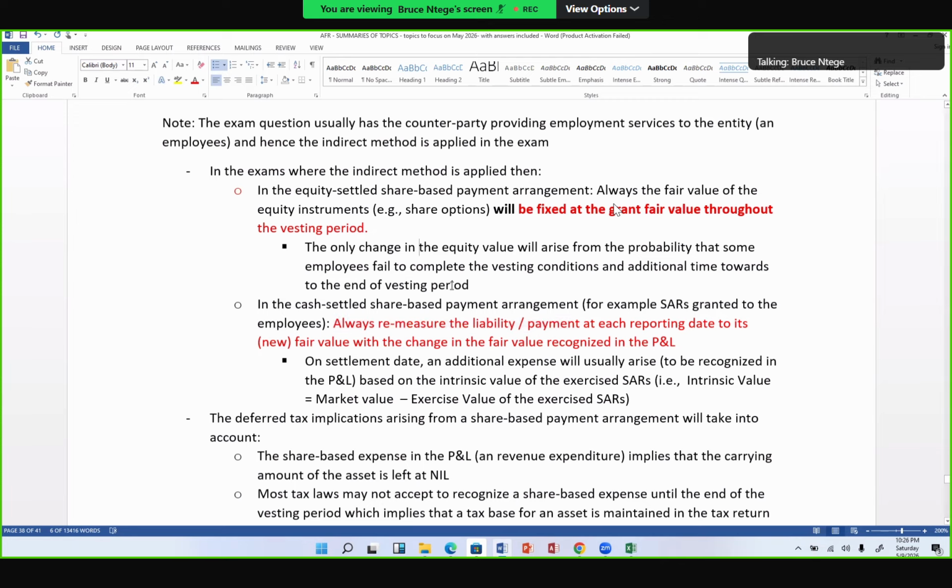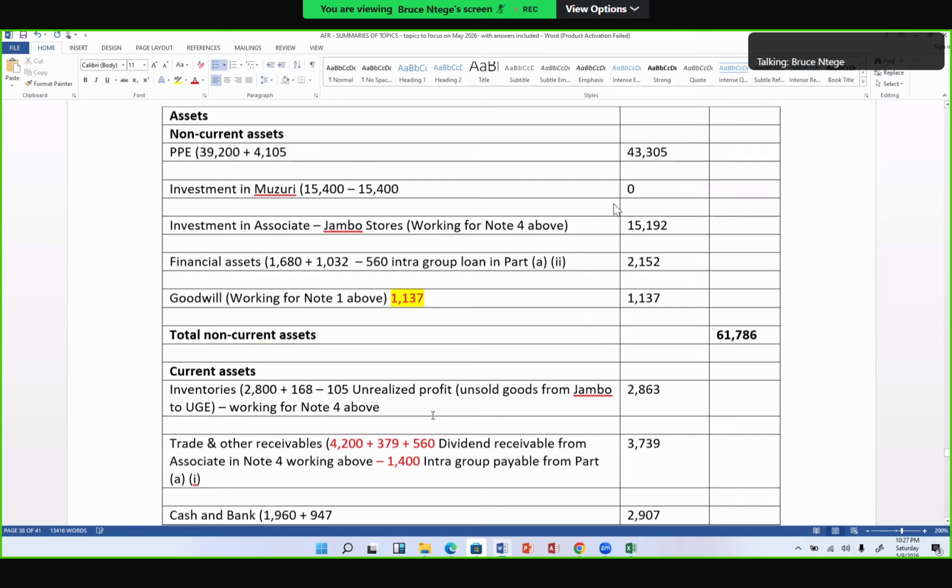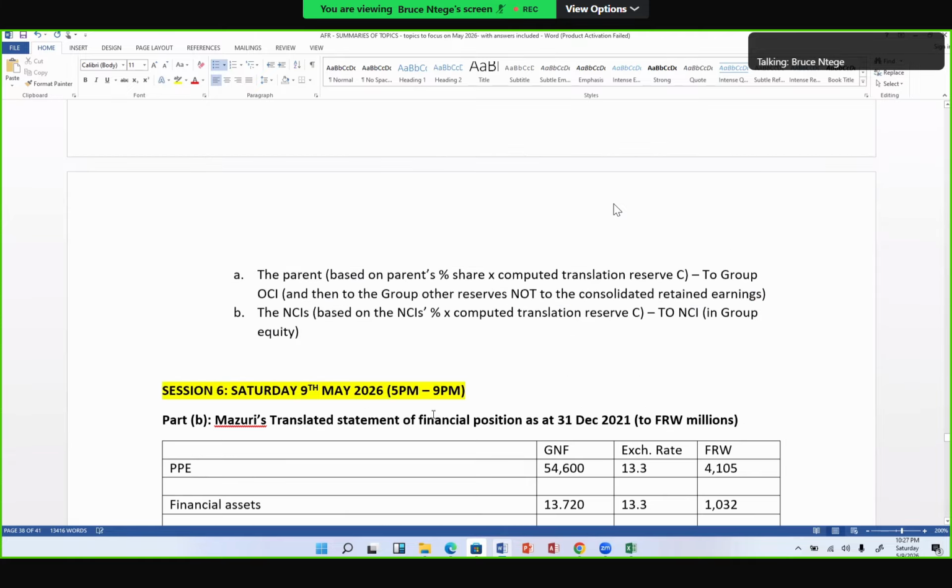Okay, so gentlemen and ladies, I know that we've covered enough. And what I've covered in here, I don't want to repeat it. So I've covered things like biological assets, IAS 41. Go in the exam, more likely it's there. I've covered things like changes in the ownership status, either piecemeal acquisition or piecemeal disposal.